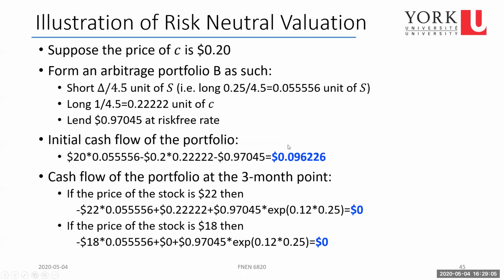And initially, you do have some money in your account. So by doing this, you didn't use any of your own money, because you've done it by lending or borrowing. So you have generated this much positive cash flow in your account initially, without any negative cash flow in the future.